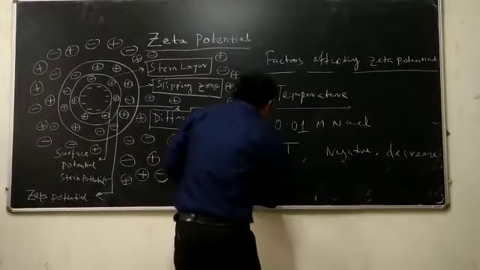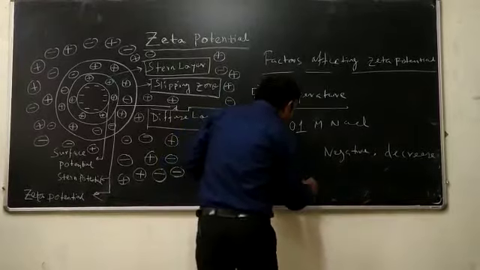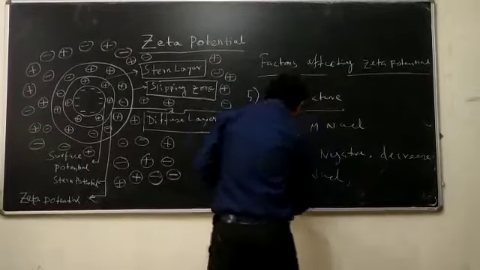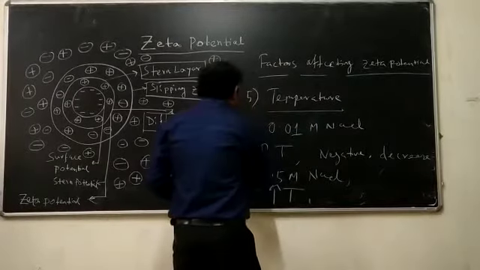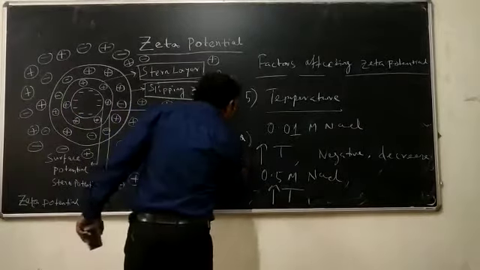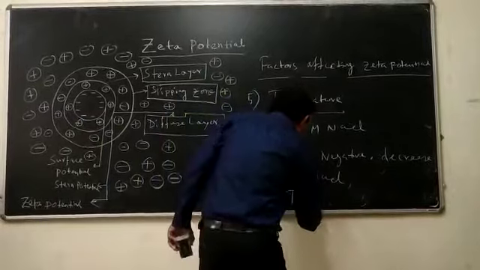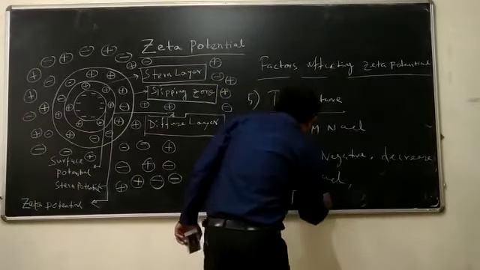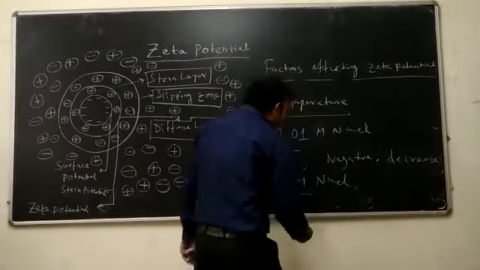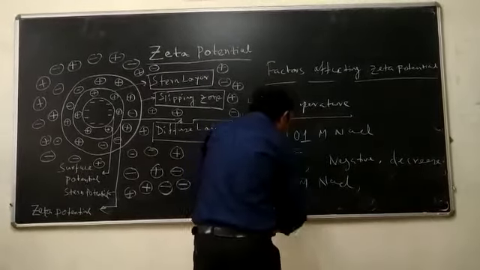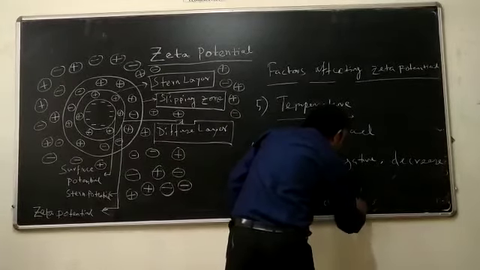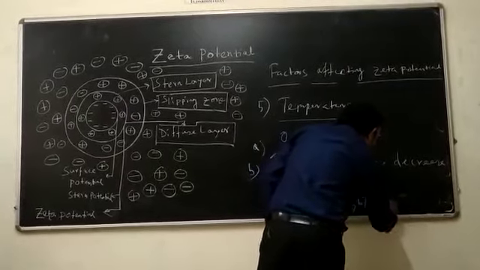And after that, at a high concentration, 0.5 mole NaCl per liter, if we increase the temperature, there is no significant change.